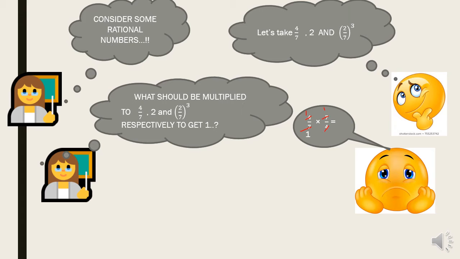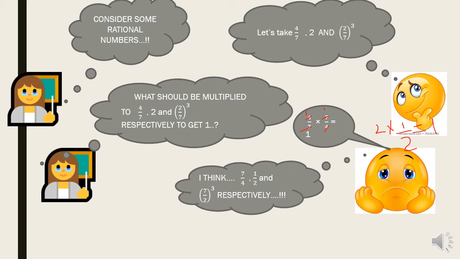Similarly, you can see when you multiply 2 by 1 by 2, you'll get 1 again. Hence, you can think that 7 by 4, 1 by 2 and (7 by 2)^3 should be multiplied to 4 by 7, 2 and (2 by 7)^3 respectively to get 1.